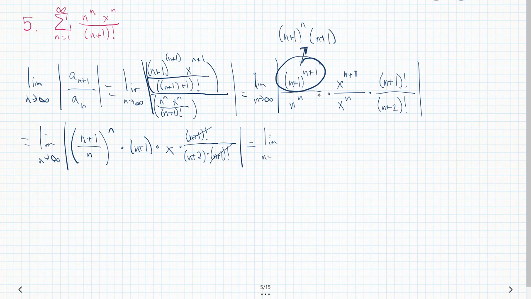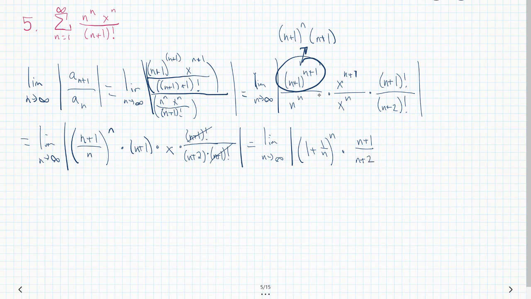So we get the limit as n goes to infinity. Now what do we do? Well, we can rewrite that first one as 1 plus 1 over n raised to the nth power. I'm going to do some regrouping here. So this is times n plus 1 over n plus 2.